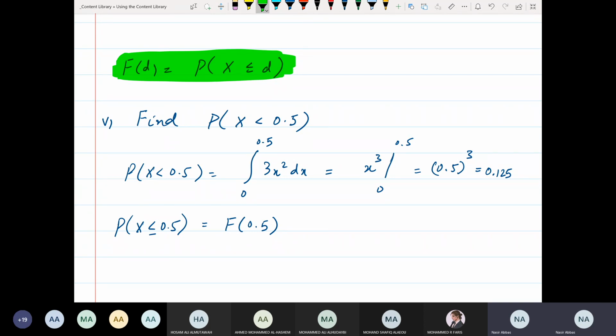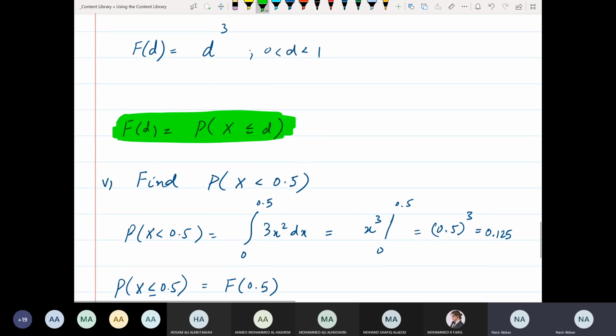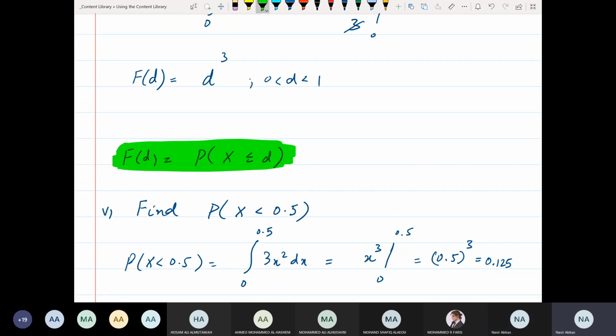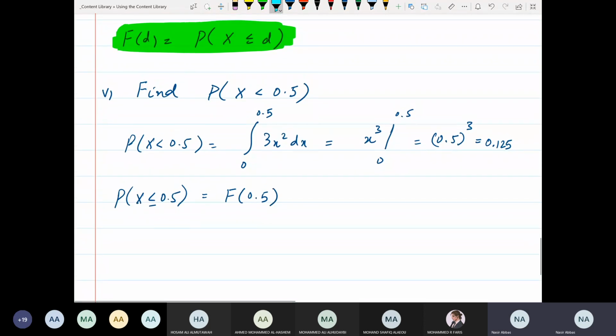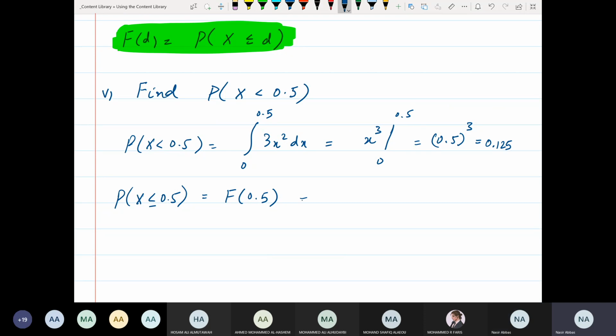And we have capital F of D for this question. If you are interested in capital F at a specific point, it's that point to the power 3. So you can simply put 0.5 to the power 3 here without going into the integration.